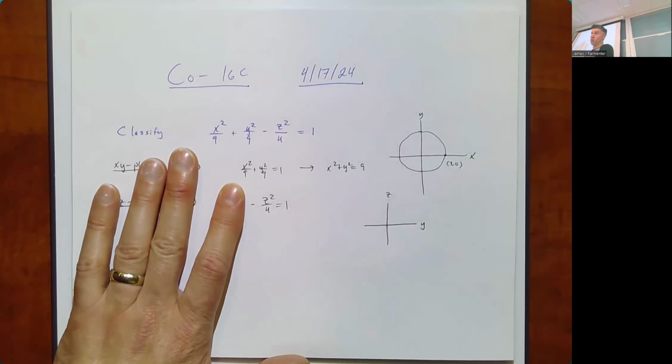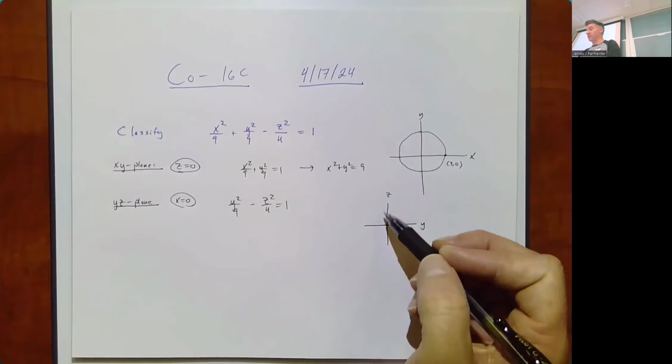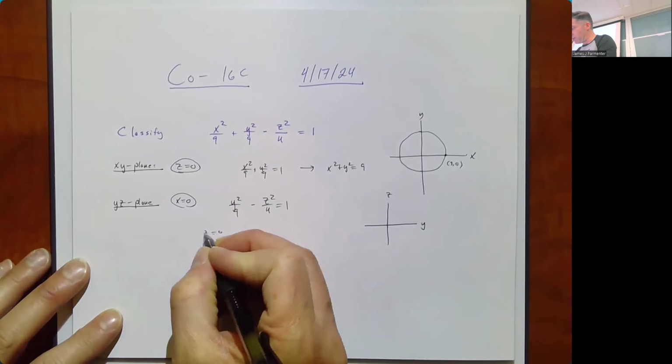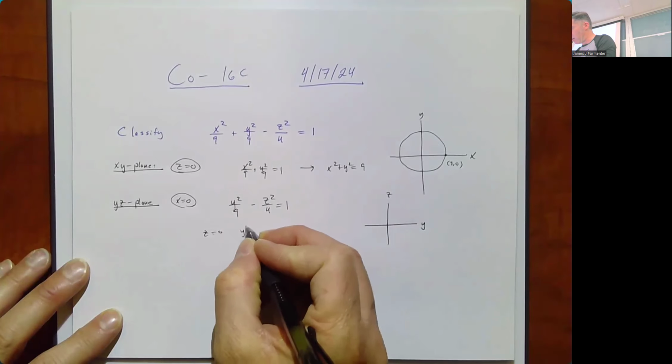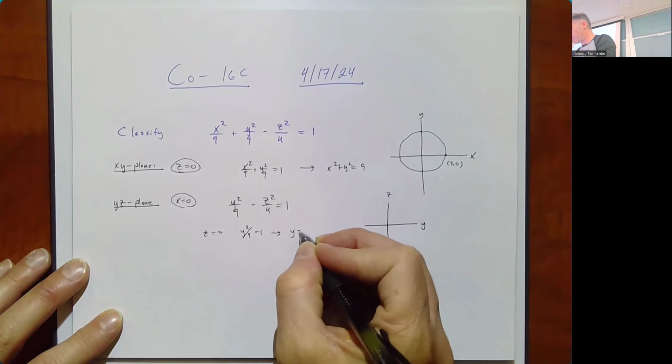That doesn't have a solution because z squared over 4 is always positive, so negative z squared over 4 is always negative. So letting y equal 0 isn't going to give me intercepts. I'm not going to get any z intercepts. I'm going to get y intercepts. If I let z equal 0, I get y squared over 9 equal to 1, and we're getting y equal to plus or minus 3.